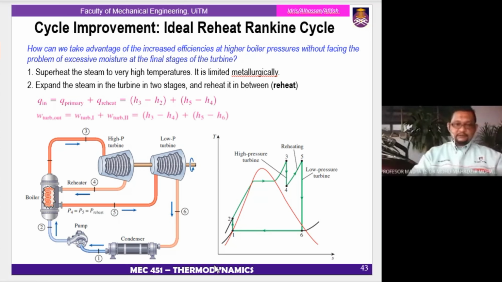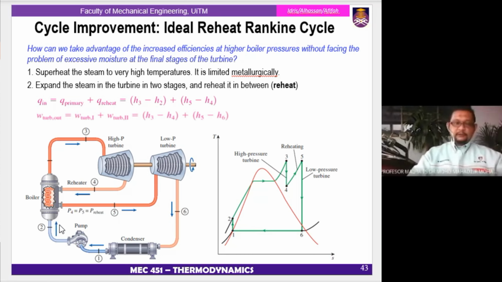So the steam is transferred back to the boiler, where it is reheated by the reheater.